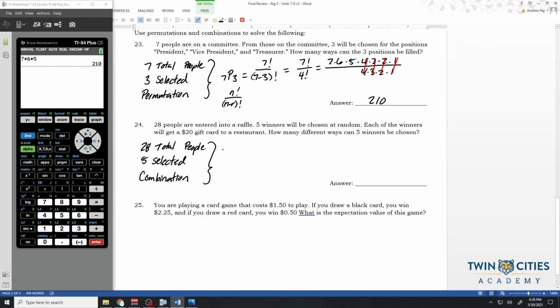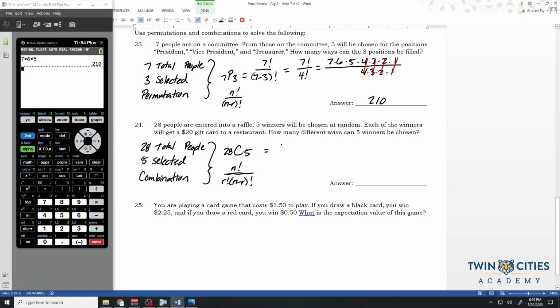Where you've got 28, since it's a combination, 28C5. So for combinations, this is n factorial over r factorial times n minus r factorial.